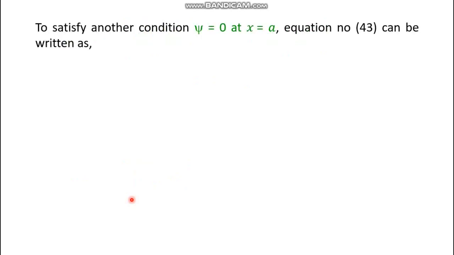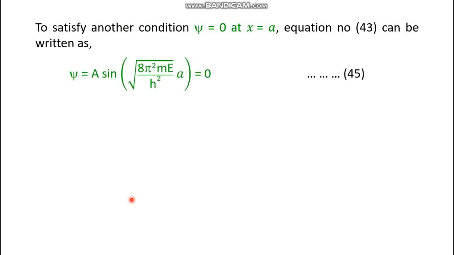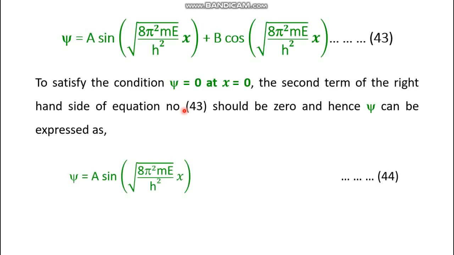And to satisfy another boundary condition, which is psi equals 0 again at x equals a, we get another expression of psi like this. Move on to equation number 44 here. Put the value a in place of x, then it would become 0.